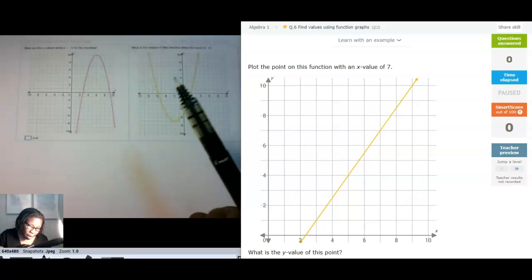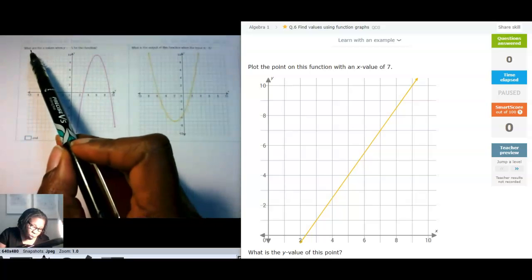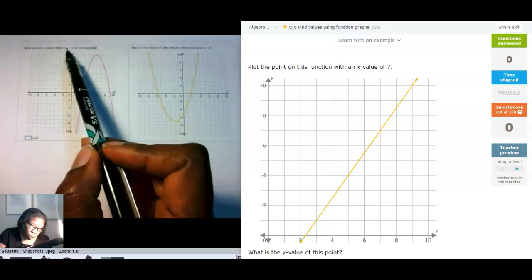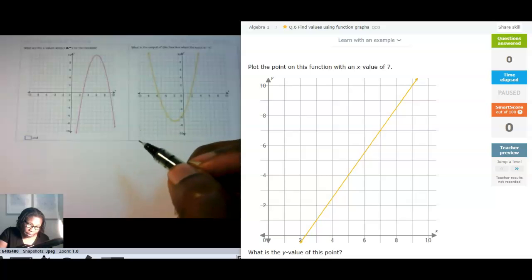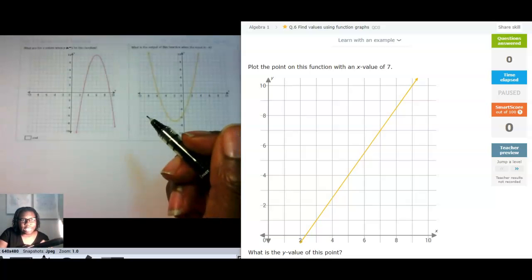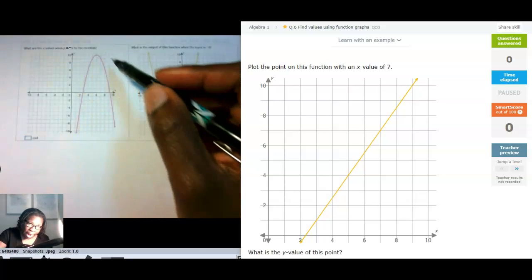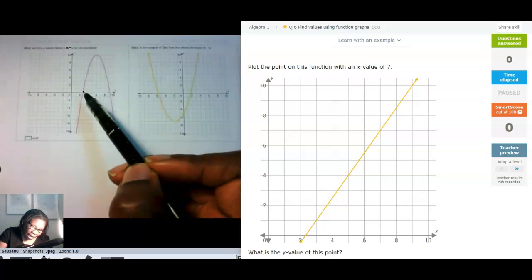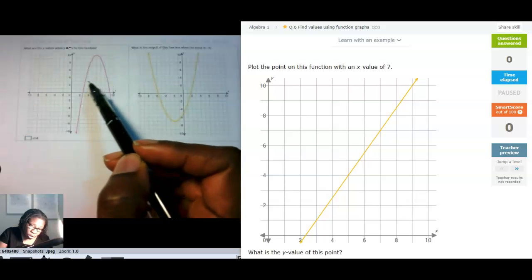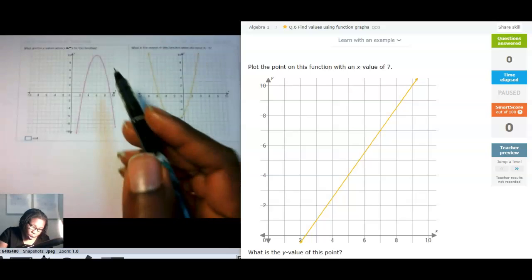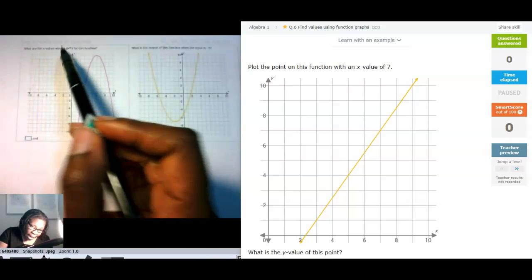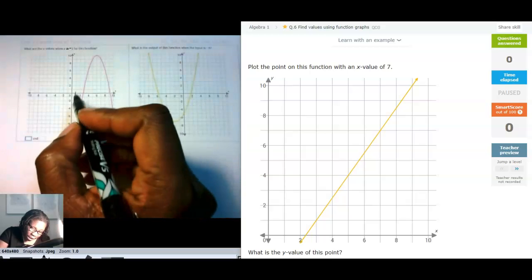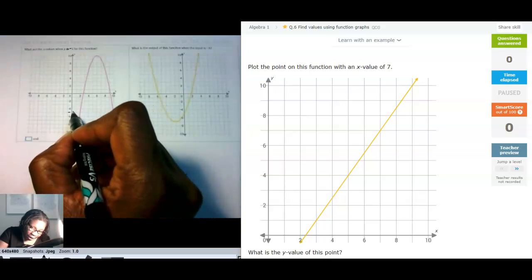We've got just 2 more problems to do here. Here we're asked, what are the x values when y is equal to -5 for this function? Now, notice they said x values plural. That's because when you have a quadratic, the y value actually has 2 x values. So what are the x values when y is -5? Let's come on down here to -5 right here.